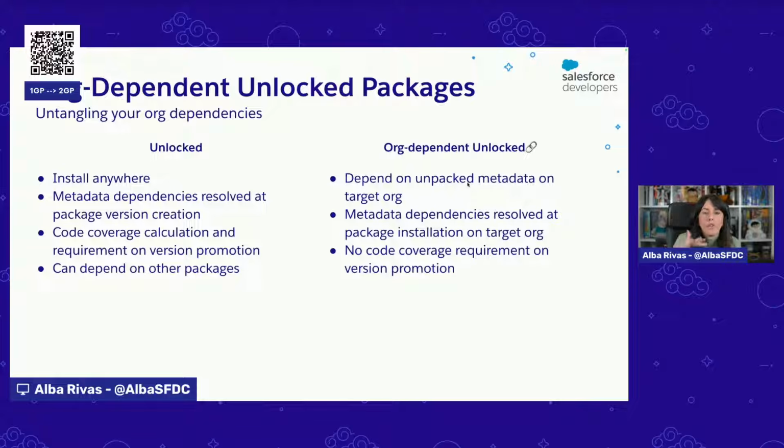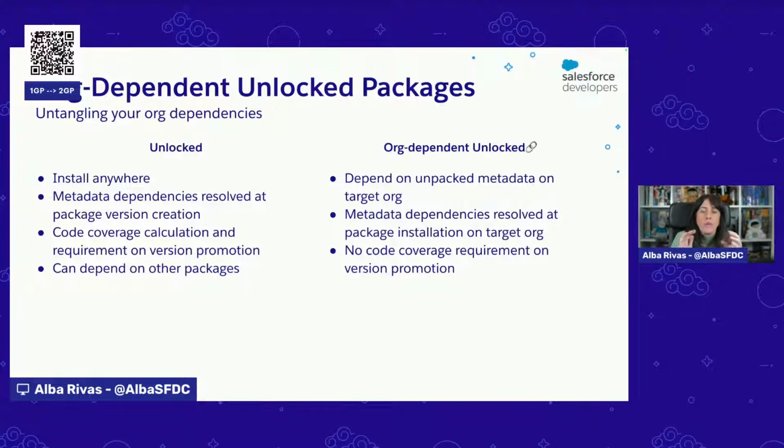But with org-dependent unlocked packages, what we are going to do is join that unlocked package to an org. And we are going to say that that package is only installable in that org. It can only be installed in that specific org with which it is bound, right?